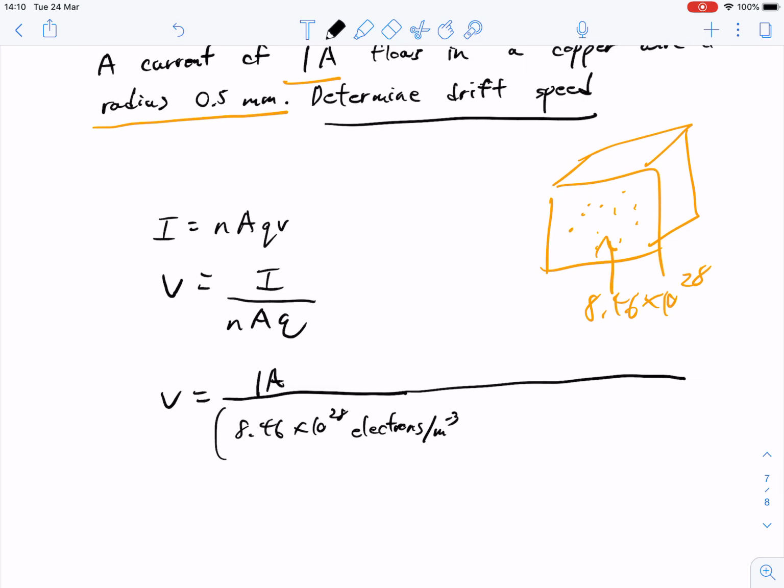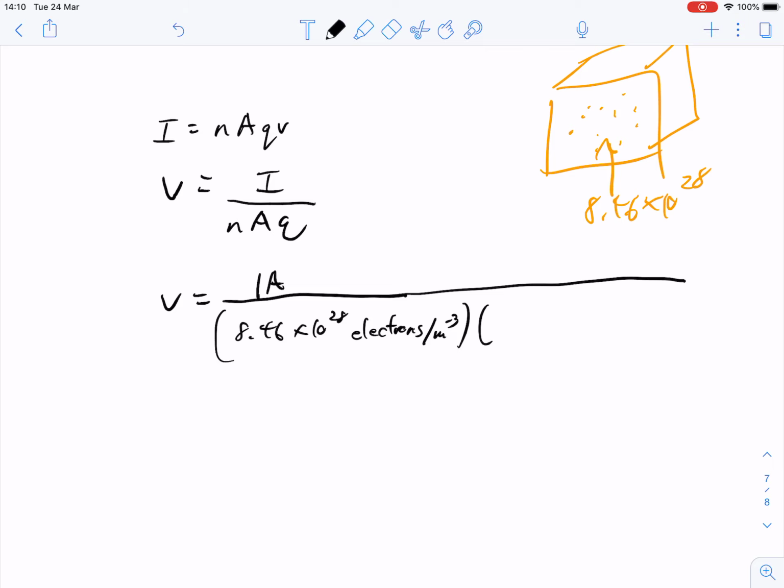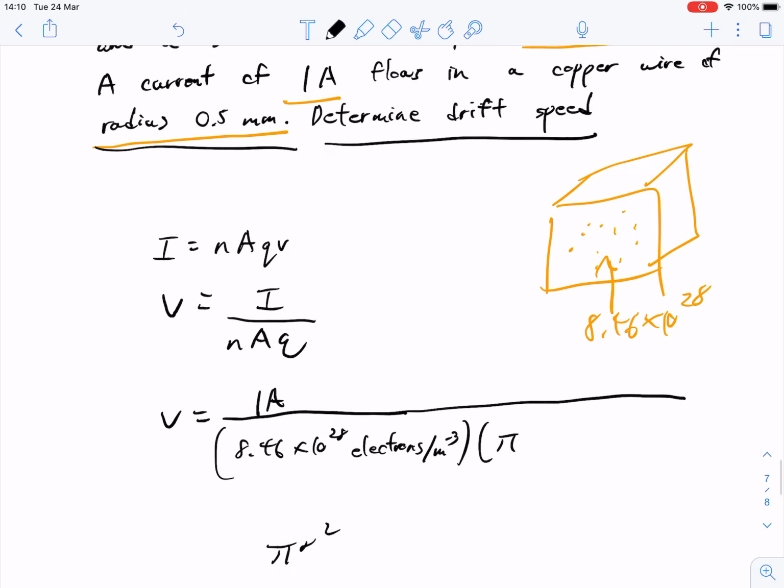Now we have to be careful because this is the radius, not the area. So to get the area of a cross section of a wire is pi r squared, right? So we're going to do pi. The radius is 0.5 millimeters squared. And lastly, the charge is the elementary charge of a particle. So that's 1.6 times 10 to the minus 19 coulombs.